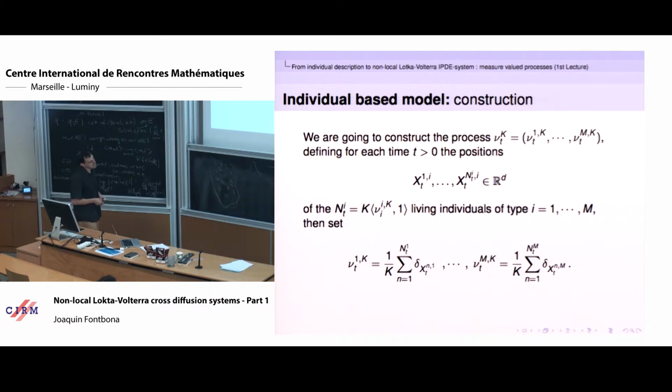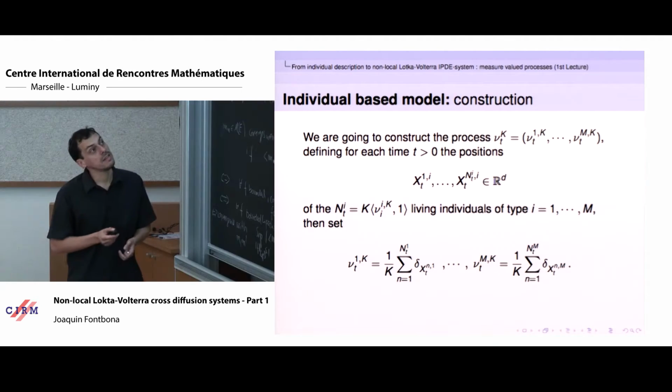So the idea to construct this process is to define, first of all, the positions of individuals. For each population type, I will have at time t N_i(t) individuals, and I would like to construct their positions.